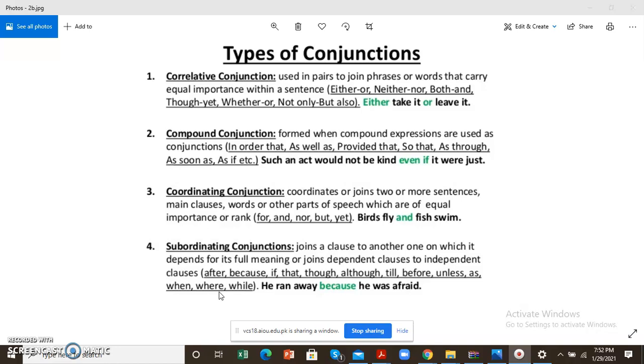For example, there is a sentence: he ran away because he was afraid. You notice, he ran away because he was afraid, right? So you noticed that you have joined a dependent clause with an independent clause by adding the subordinating conjunction because.